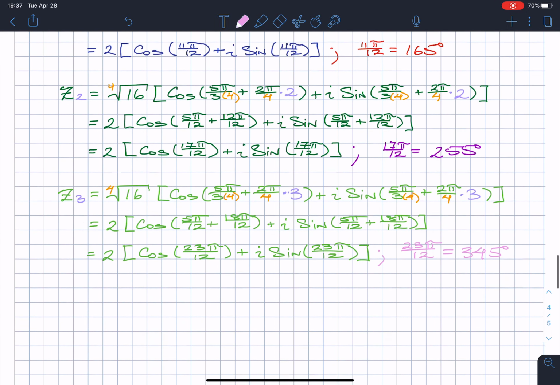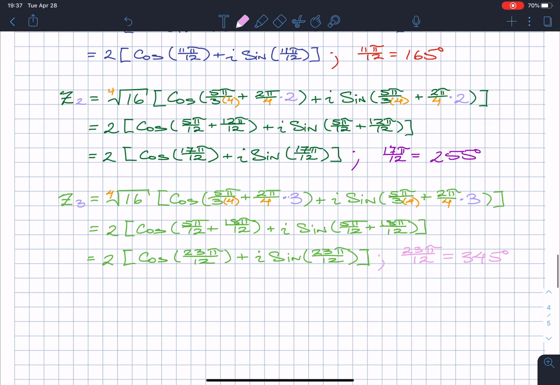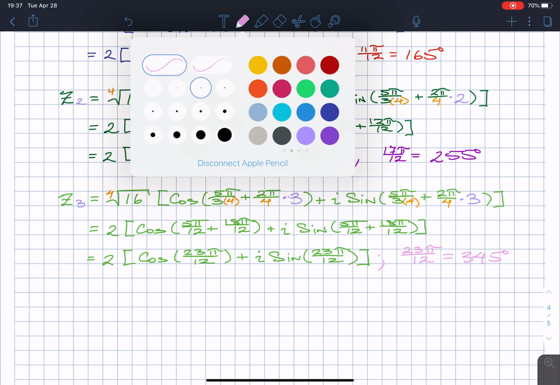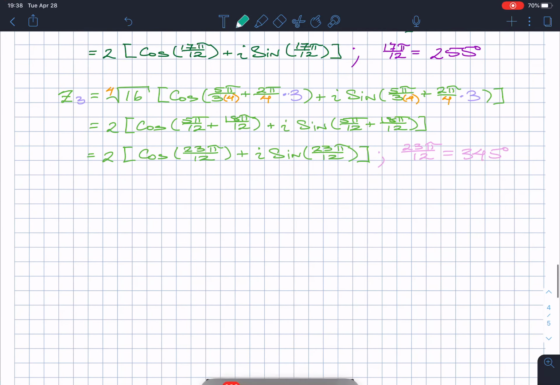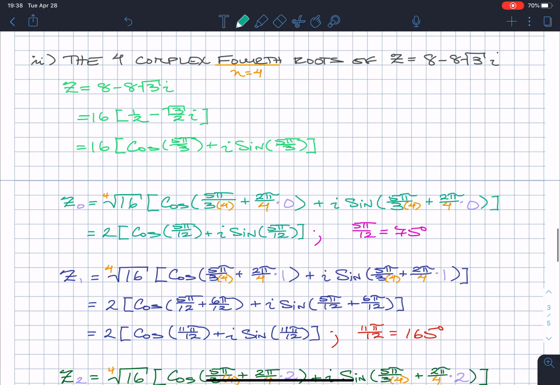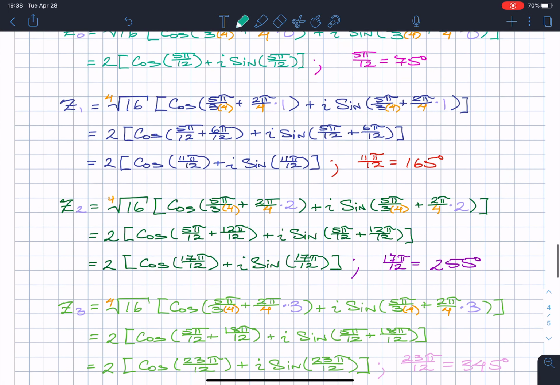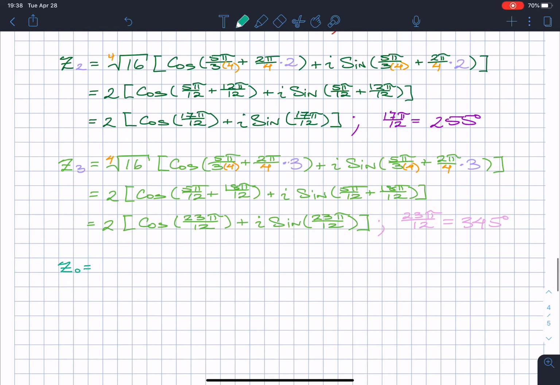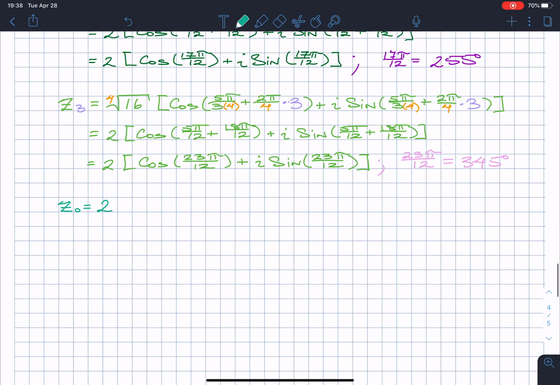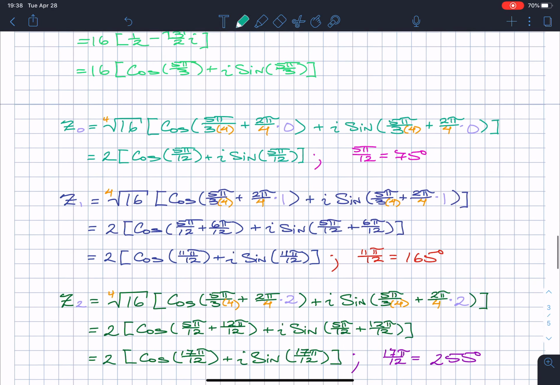So we have z sub 0 in that green. z sub 0 was given as 2 times, I'm going to write this the ugly way, cosine plus I sine of, what angle was that?